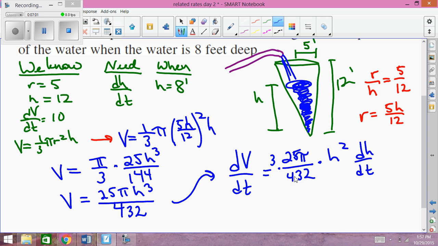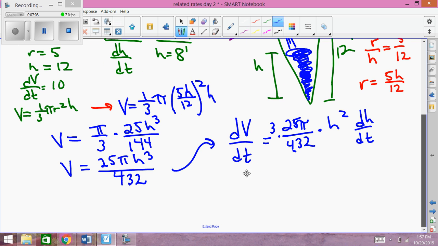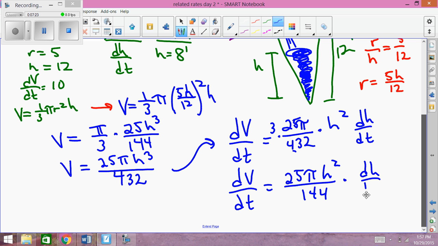I'm going to end up dividing this by 3 again, which I multiplied out. I knew that was going to happen, but we had to see it. So therefore, dV/dt equals 25 pi h squared over 144 times dh/dt.